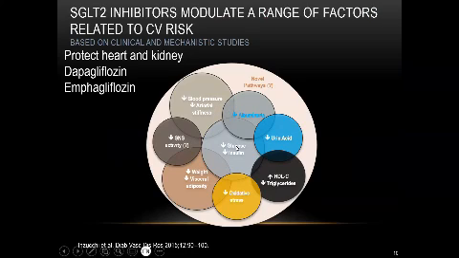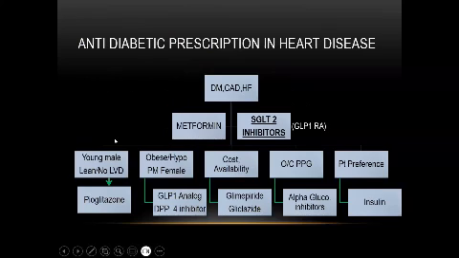So they are going to decrease glucose and insulin, decrease sympathetic activity, decrease the weight, decrease oxidative stress, decrease uric acid, and also they can decrease the blood pressure, and they are very good drugs to decrease albuminuria. That's why they are the best drugs to protect the heart and kidney in a patient with diabetes.